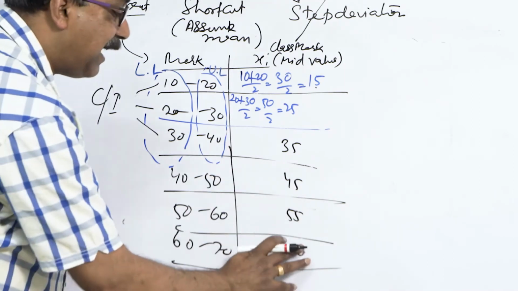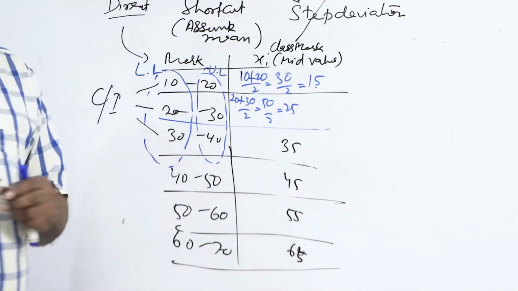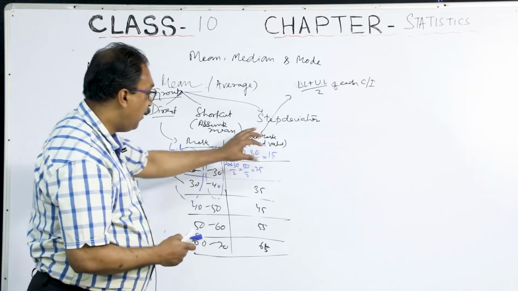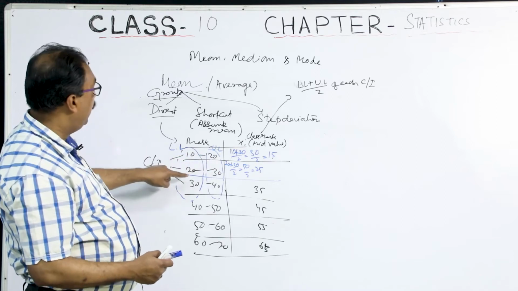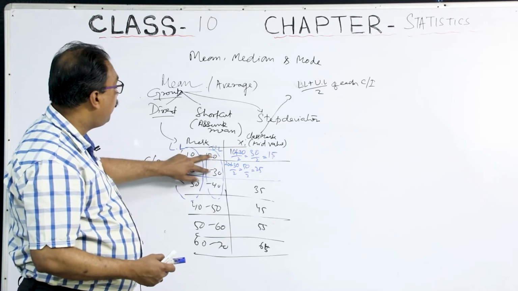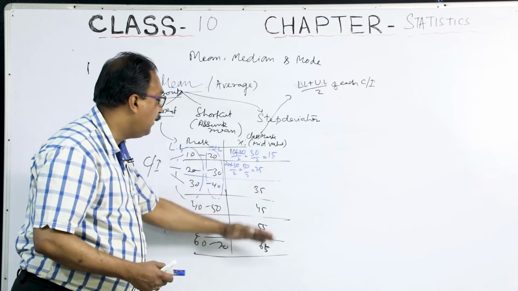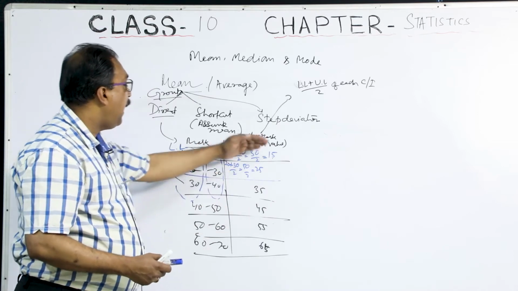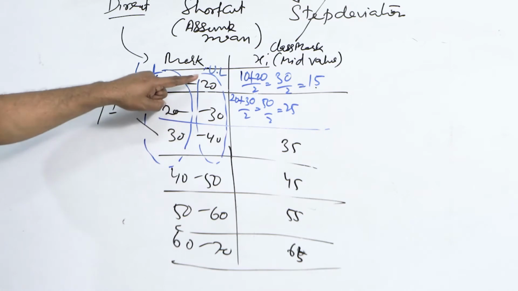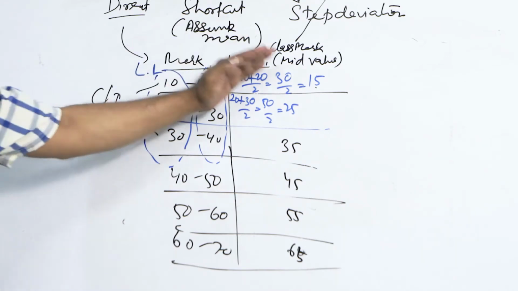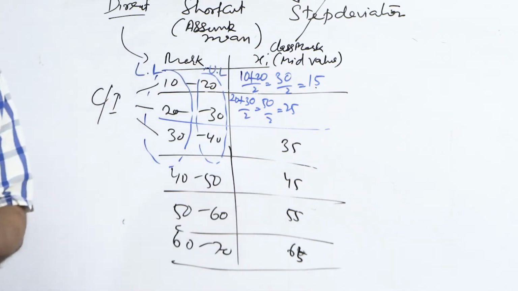So you save your time. First find one, and check the difference between two class intervals, upper limits or lower limits, anything. If the difference is 5, you add 5, 5, 5. If the difference is 10, add 10, 10, 10. Provided you have found the first one. If the difference is 30, add 30, 30, 30. You save your time. Clear?